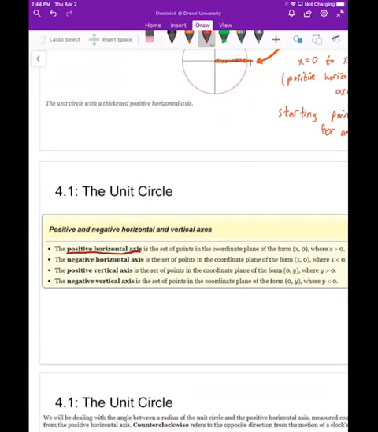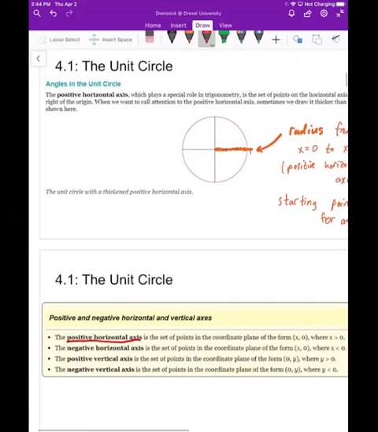But if you want, you could also talk about the negative horizontal axis, which would be this one here. Let's say this is 2, and in orange we did the positive horizontal axis.